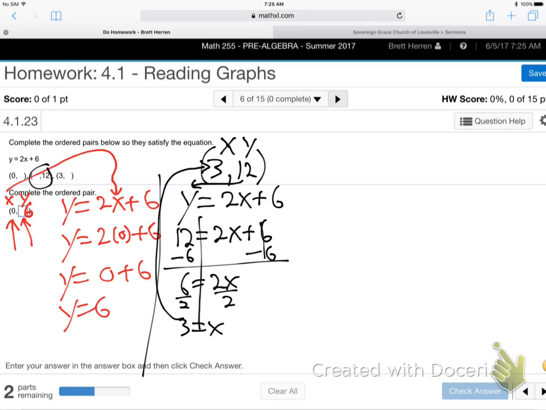And now, the third one is they say 3 comma blank. Same equation, third time. Y equals 2x plus 6. Can you do that one?